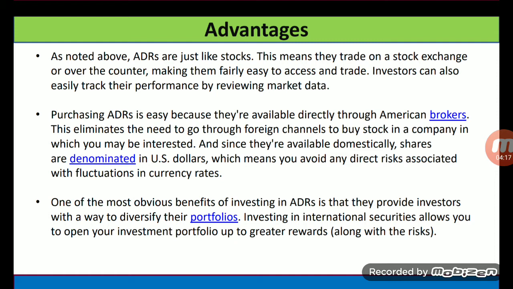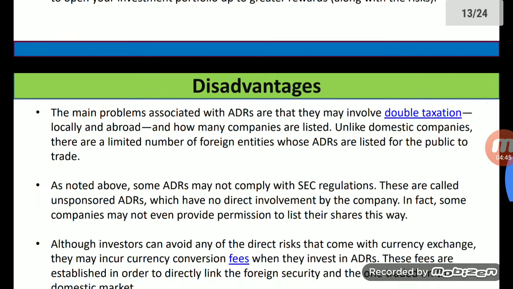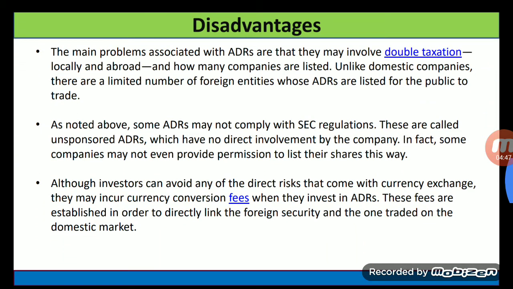So diversification means investing small amounts in different types of securities. With ADR, investors can diversify their portfolio. Investing in international securities allows you to open your investment portfolio up to a greater reward along with the risk. Now let us discuss the disadvantages of ADR.